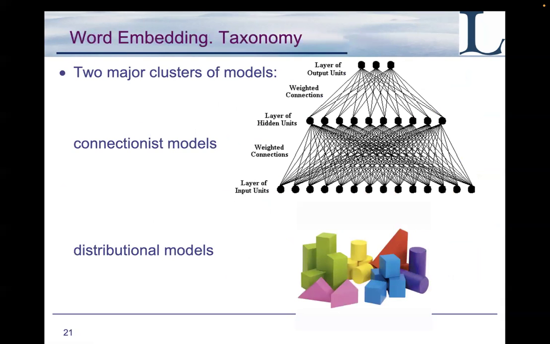We are concerned with two alternatives for creating embeddings, or models of words. One is called the connectionist way, so basically embeddings produced by training a neural network in a special regime, and a distributional model.